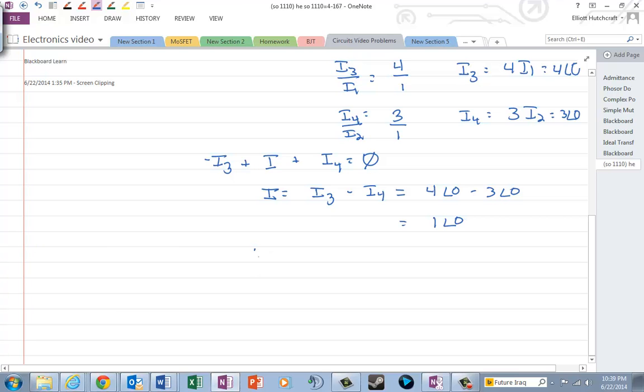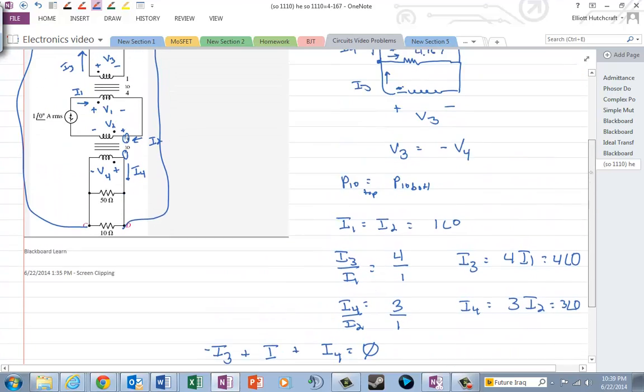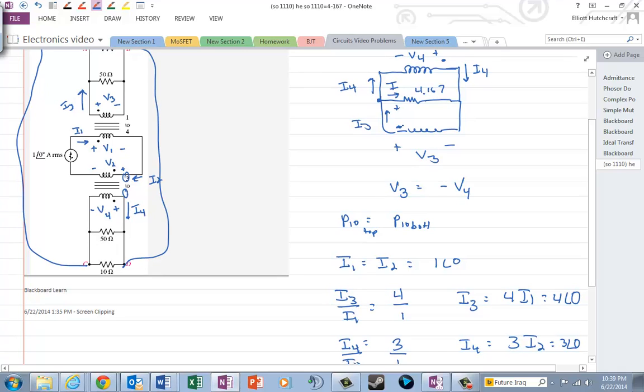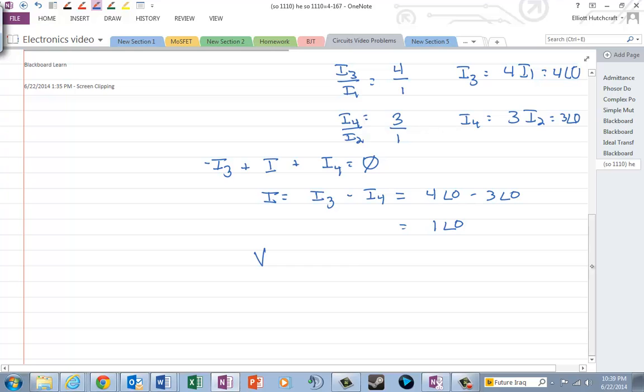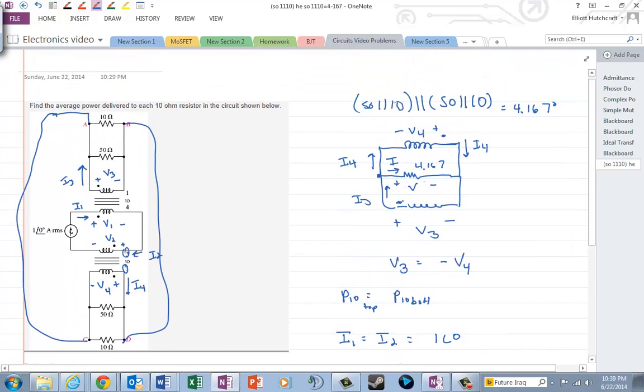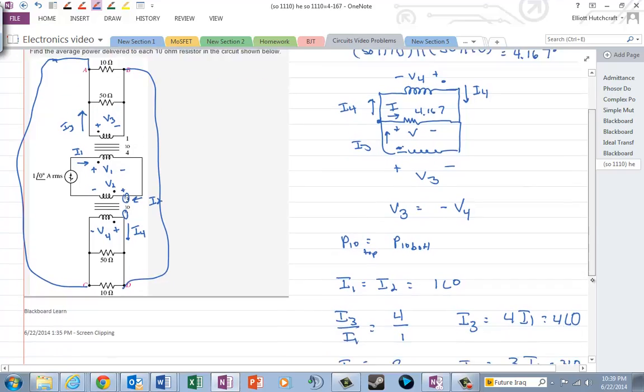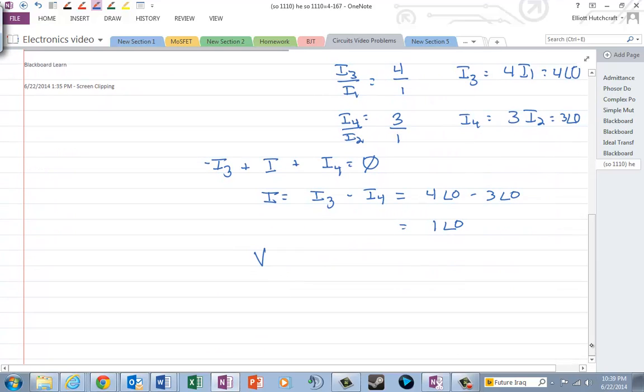Okay, then the voltage V, so that I have it this way, I can just take this voltage as that I times 4.167. And if I just want to call that, I'll make sure it's clear, that's the same obviously as V3, but V is equal to this I times 4.167. So, since I was 1 angle 0, this is going to make this 4.167 angle 0.